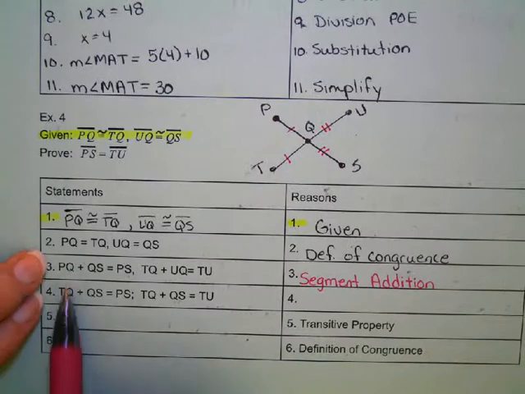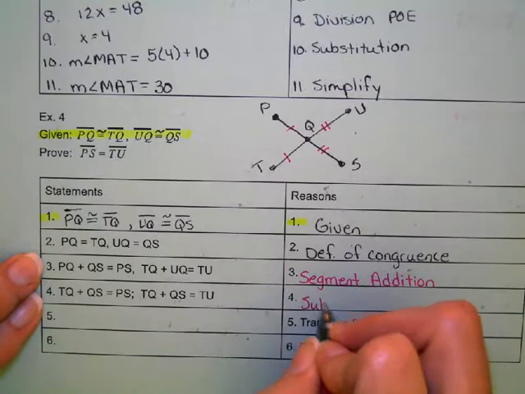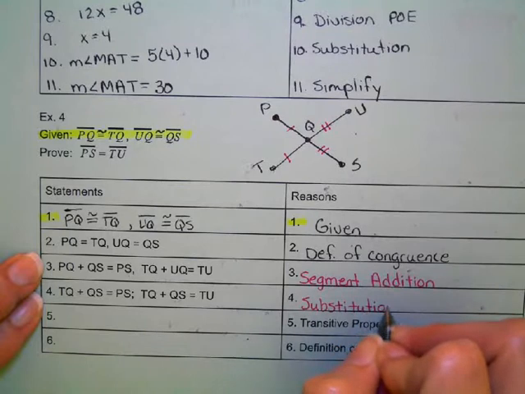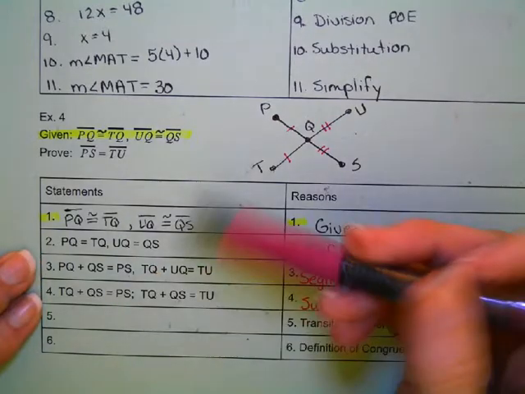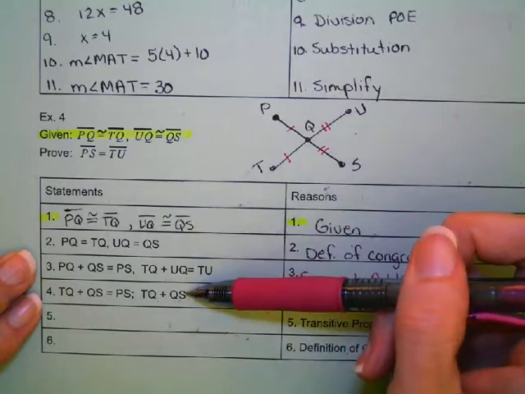It's because on line 2 it says PQ equals TQ. So if those are equal, then you can substitute that in. So same thing here, they kept the TQ, but they changed the UQ to QS. Again, they substituted this letter for that letter.